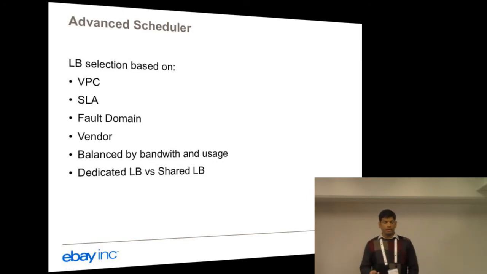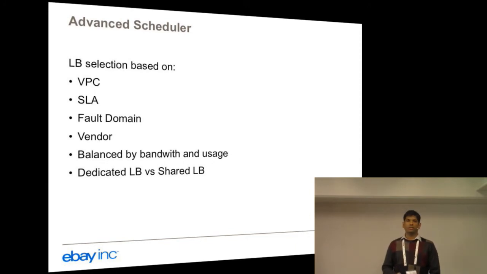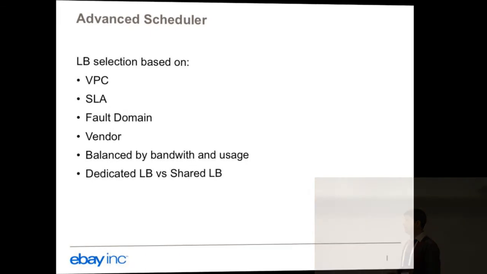And dedicated versus shared LB: if a tenant does not want to share their network bandwidth with any other tenants, they want isolation, they can choose to have a dedicated load balancer. So based on all these factors, our scheduler decides where and how to provision the webs or the load balancer.